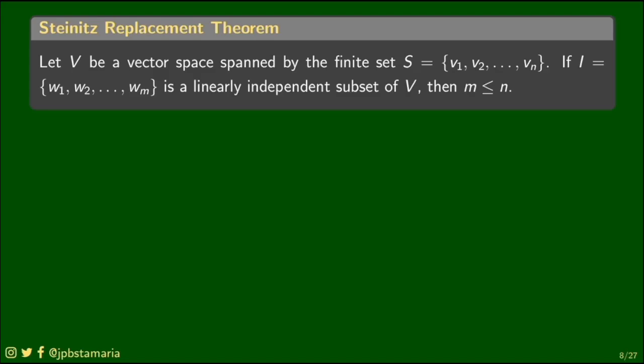In fact, any linearly independent subset of V must have M elements where M is less than or equal to N. So the number of elements in an independent set cannot exceed the number of elements in a spanning set. It's always the case that spanning sets are at least as large as independent sets. So how do we show this?